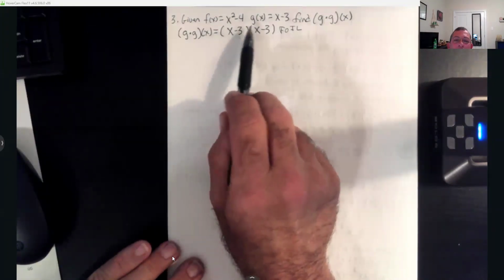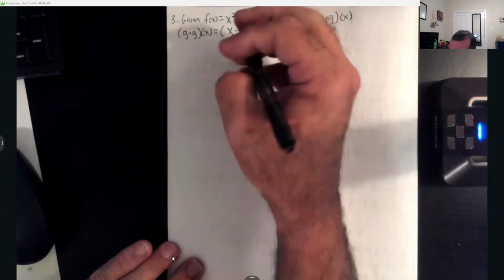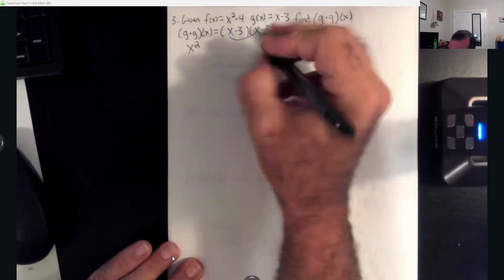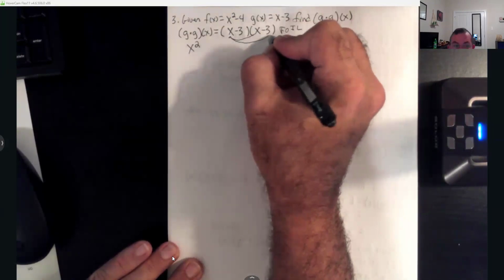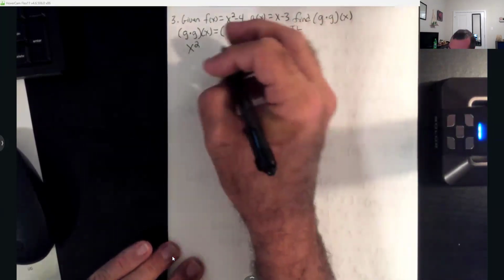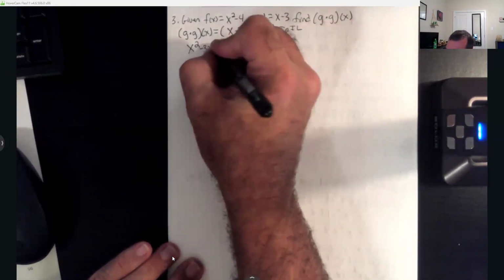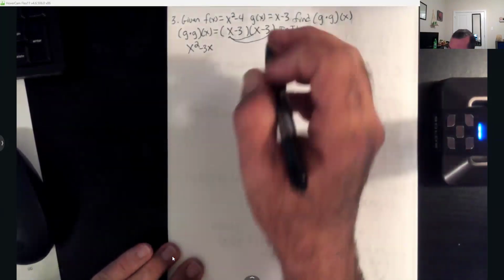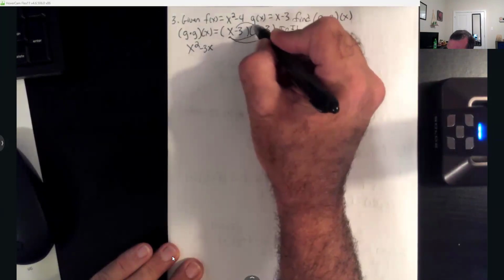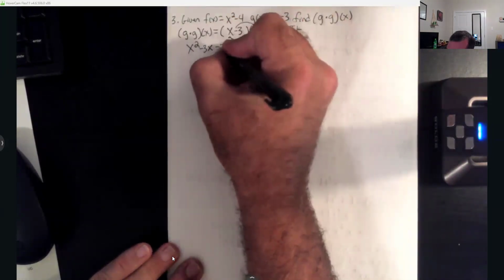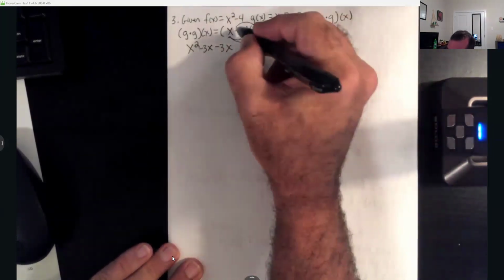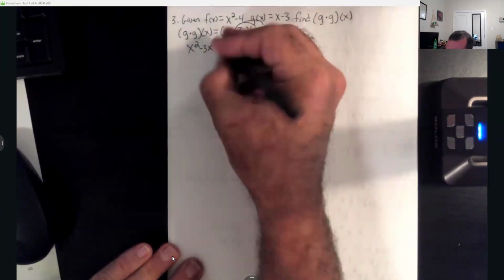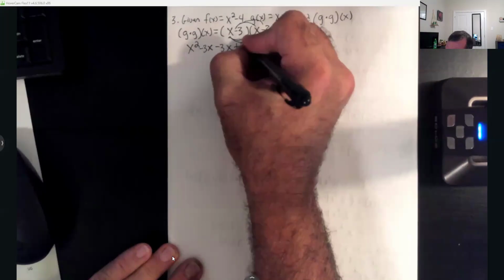So here we go. X times x is x squared. X times negative 3 is a negative 3x. So now we'll distribute the negative 3. So negative 3 times x is negative 3x. And y'all, finally, that negative 3 times that negative 3 is a positive 9.